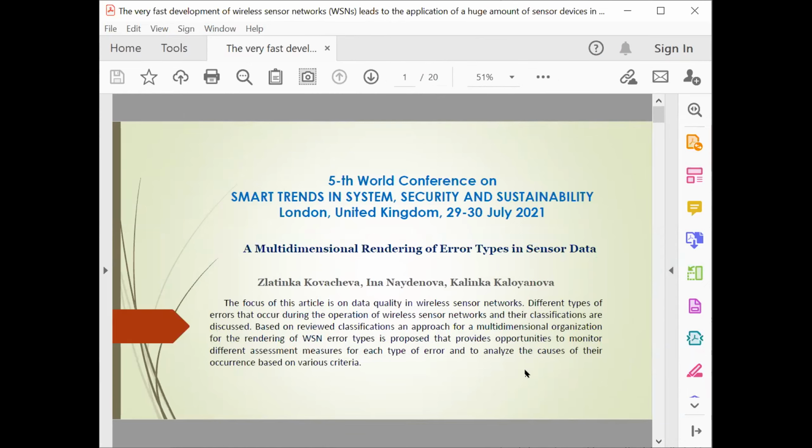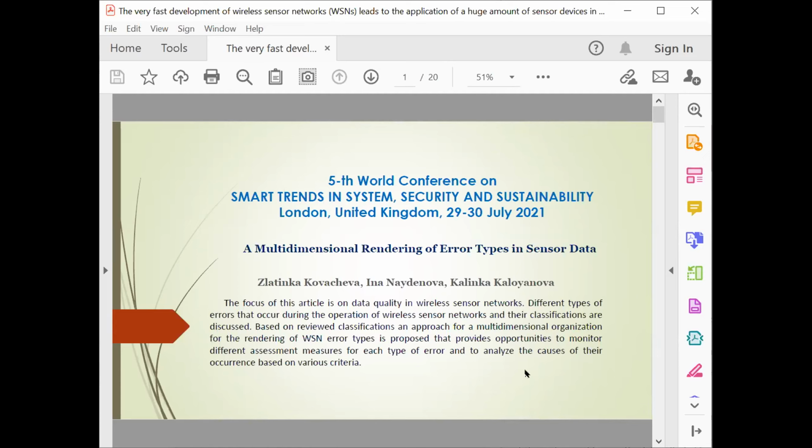Okay. So Zlatinka Kovacheva, Ina Najdenova, and me, we have been working together for more than 20 years. And during the last several months, we focus on data quality in different areas. So this article is focused on data quality in wireless sensor networks.